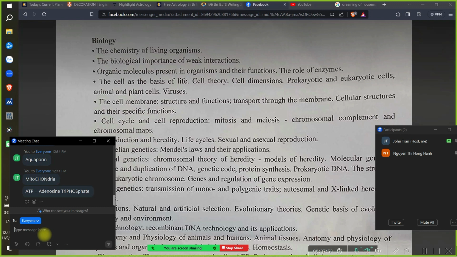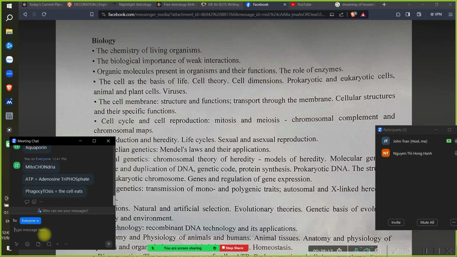So when a white blood cell engulfs a pathogen in a process known as phagocytosis.